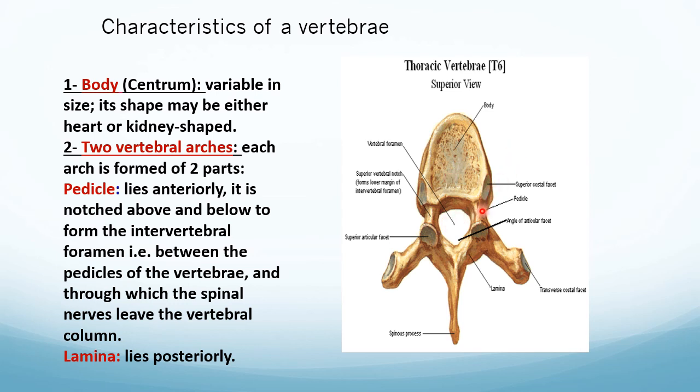Between the pedicles there is a notch from the superior aspect and inferior aspect to form the intervertebral foramen, through which the spinal nerves and vessels supplying the spinal cord pass. This is the body, this is the pedicle, this is the lamina.